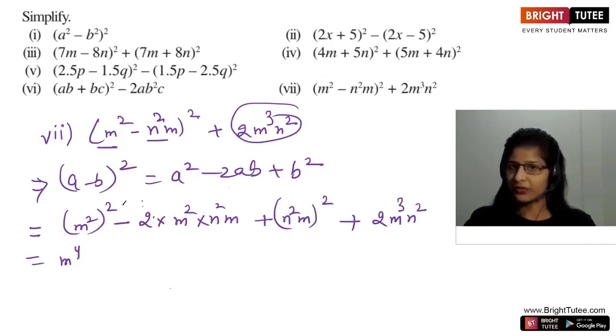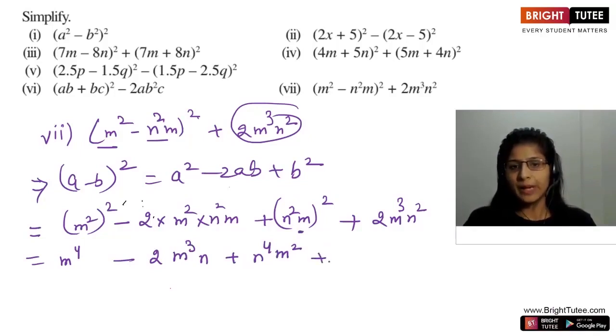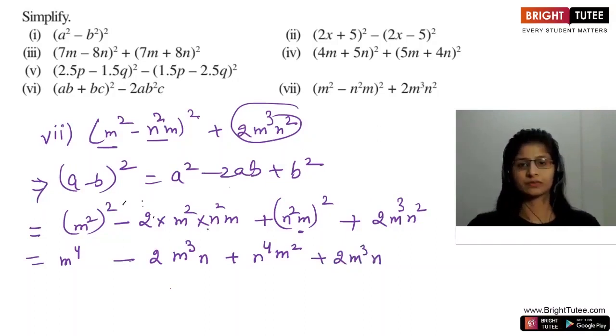Now we get m to the power 4 minus 2 m square into m will be m cube into n square, plus n to the power 4 and square of m will be m square, plus 2m cube n square. Here we have 2m cube n square, and here also, this is n square, not only n. So these two terms are exactly same, getting cancelled. We are left with the answer as m to the power 4 plus n to the power 4 m square.